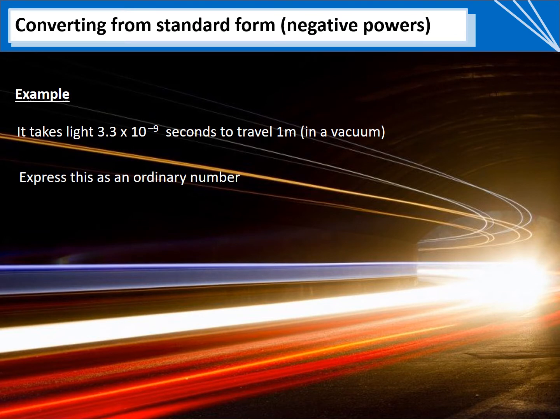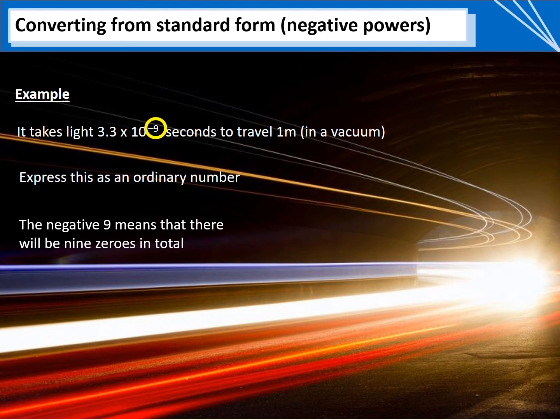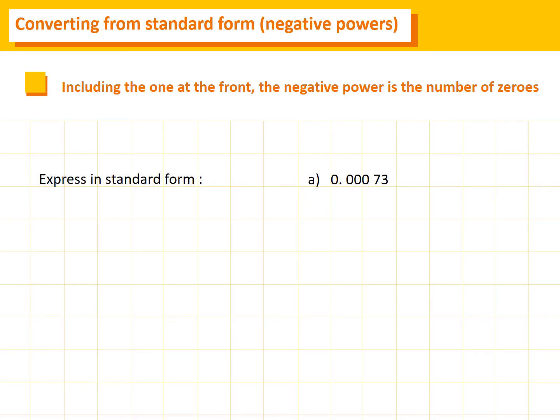Consequently, in this example, the power is negative 9, which will mean there are 9 zeros in the final answer. 1 zero before the decimal point and 8 zeros afterwards. And we can think in exactly the same way if we are converting from ordinary numbers into standard form.